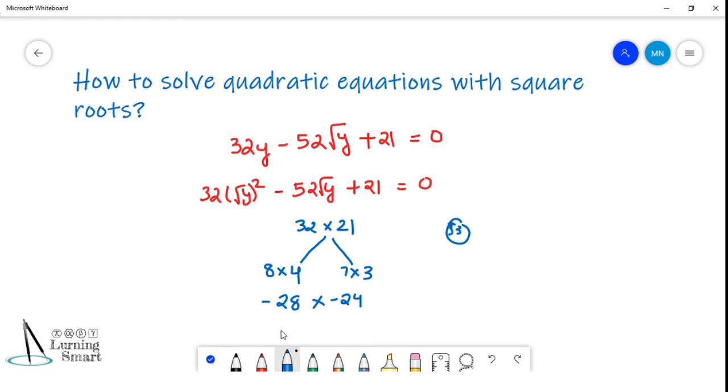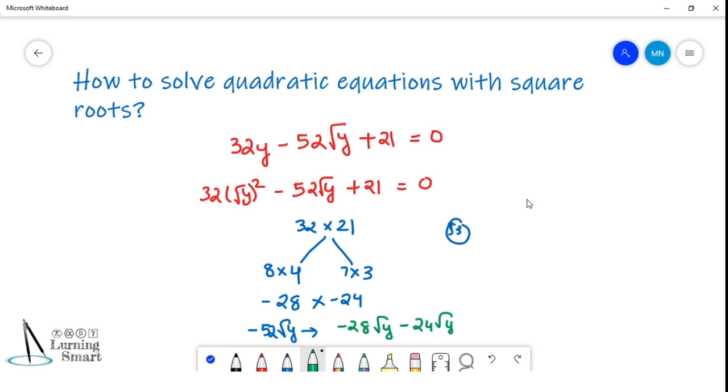You can split minus 52 root y as minus 28 root y minus 24 root y. Here we are interested in finding the solution.